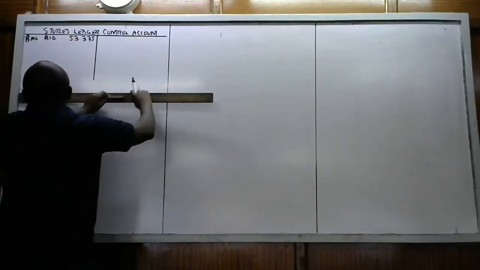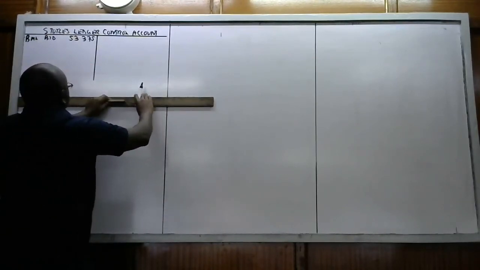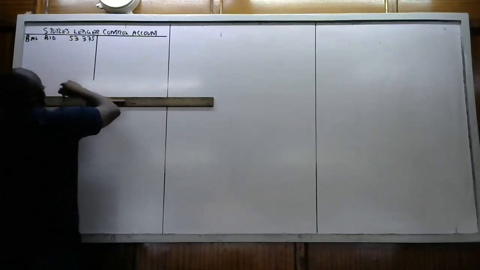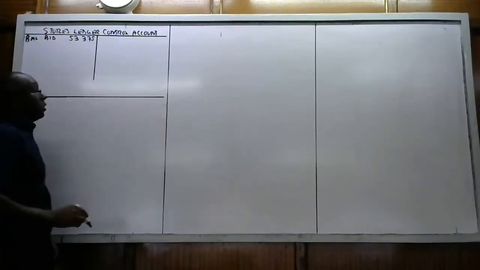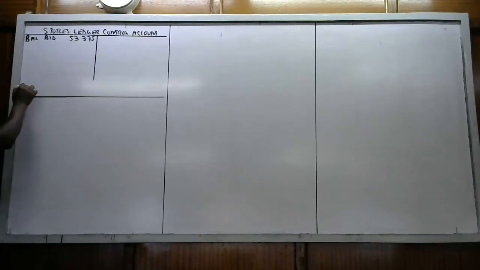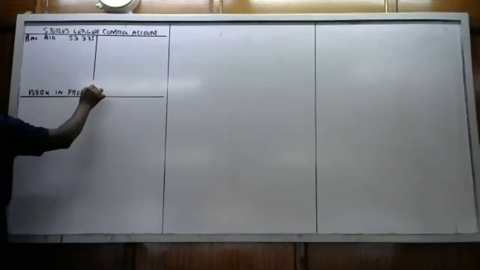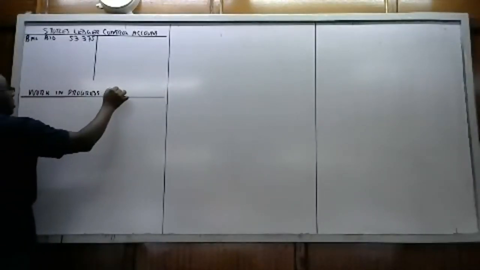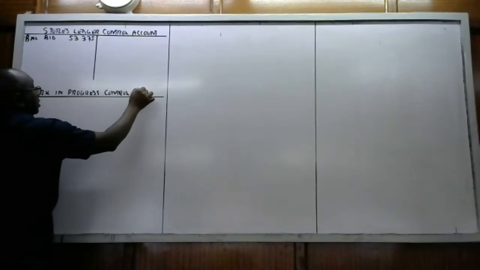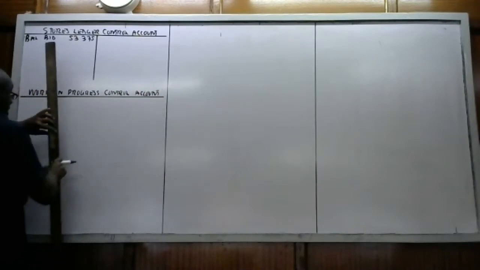The next one is work in progress control account. Give this one 6 to 7 lines.